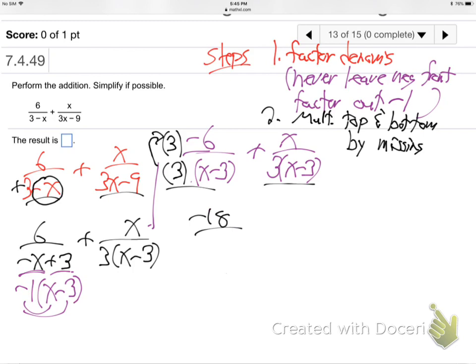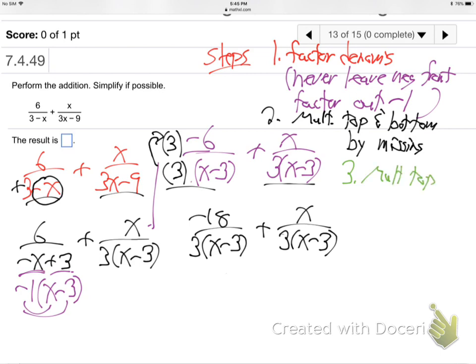Minus 18 over 3, x minus 3, plus x over 3, x minus 3. And step 3 is multiply tops, which I just did. I just multiplied those two.